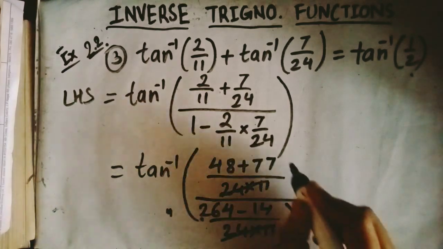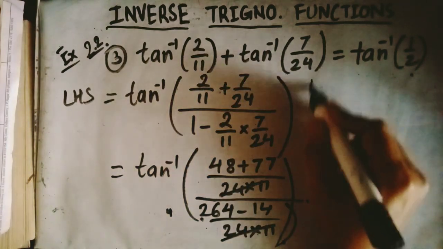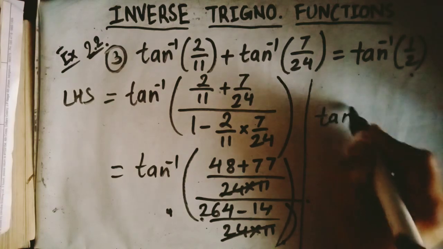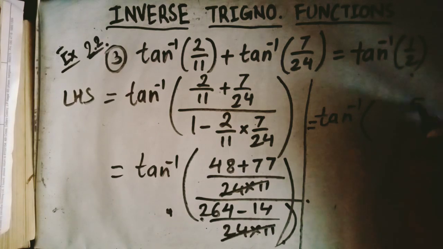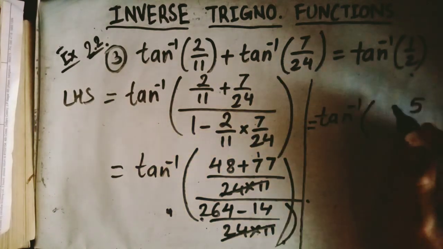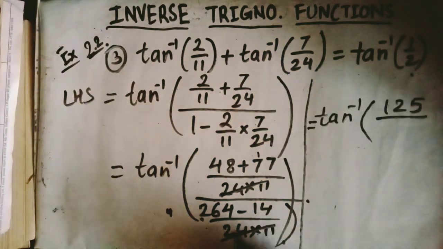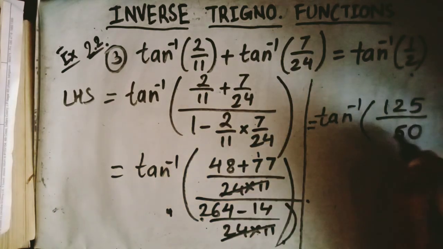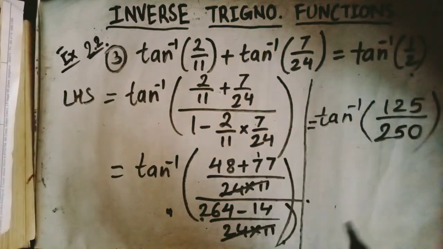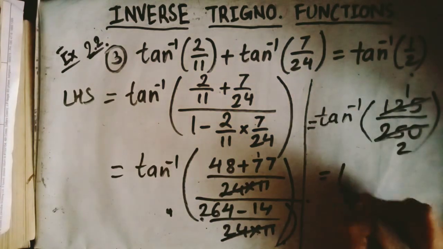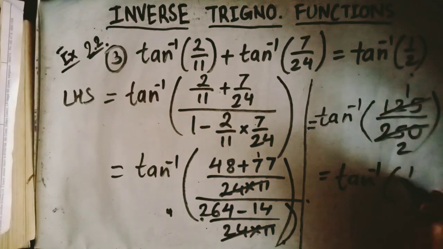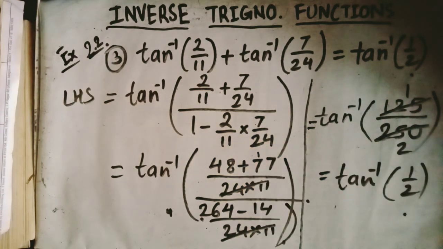So this denominator gets cancelled and you'll get tan inverse 125 upon 250. So 125 ones are, 2s are, so we'll get tan inverse half, which is our RHS.